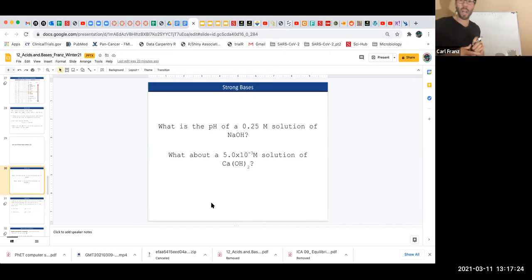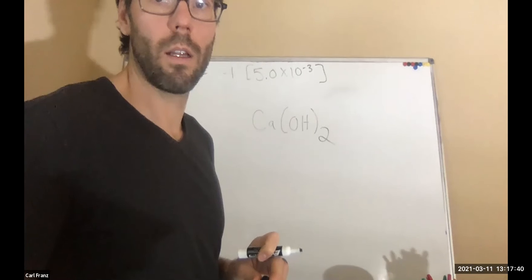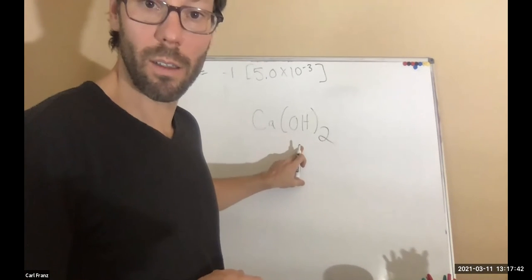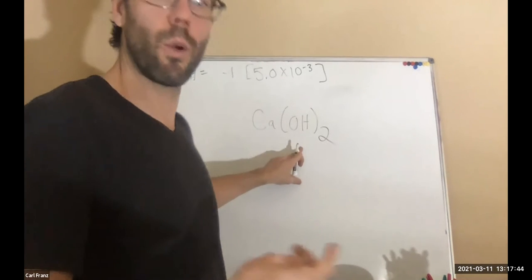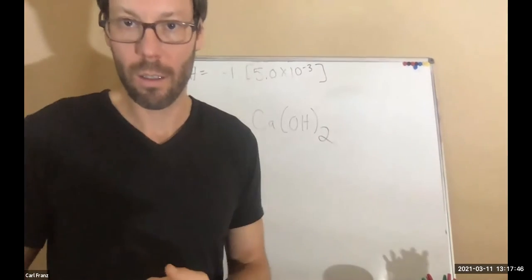But we don't want to stop there because calcium hydroxide has 2 hydroxide ions on it, well, 2 hydroxyl groups that are going to ionize.